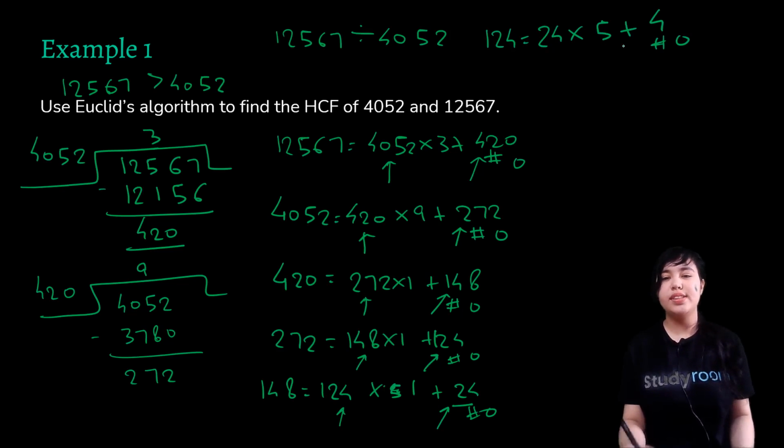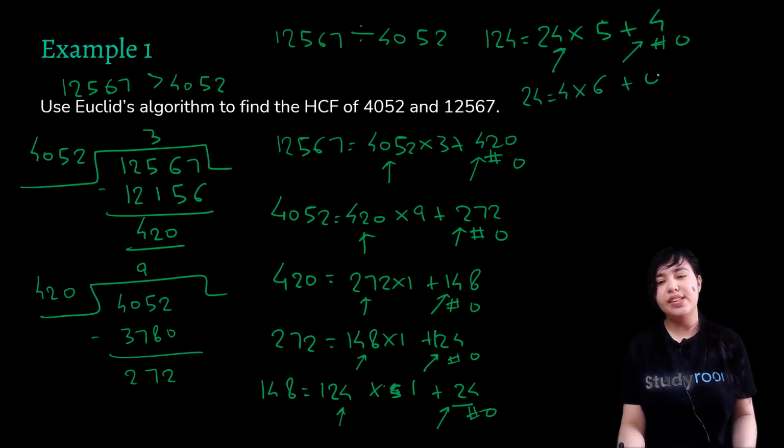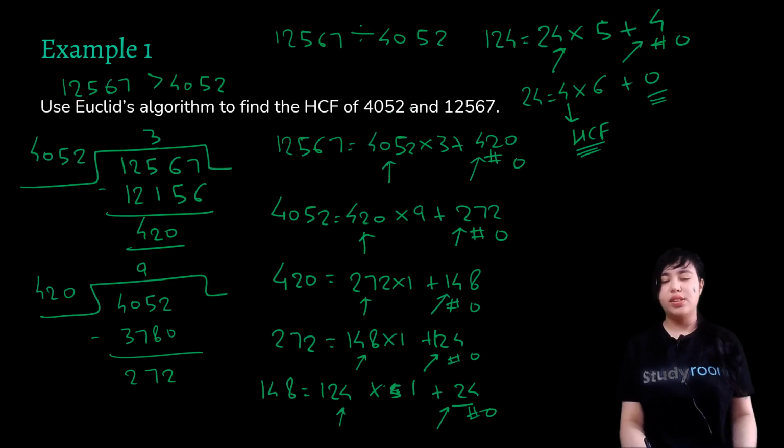Again, not 0, so this is a lengthy process, but you'll get your HCF, don't worry. Then apply the lemma to 24 and to 4. So you'll get 24 is equal to 4 into 6, and this time you get a 0. Now if your remainder is equal to 0, whatever divisor you were having becomes your HCF. So 4 in this case becomes the HCF of the two integers 4052 and 12567.